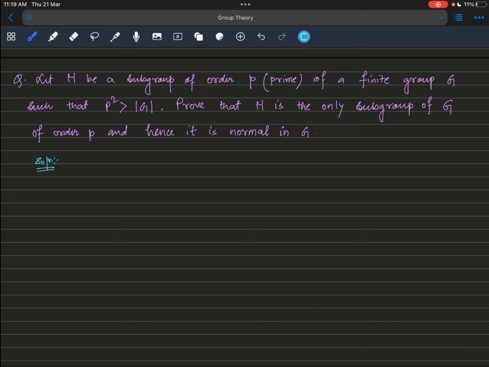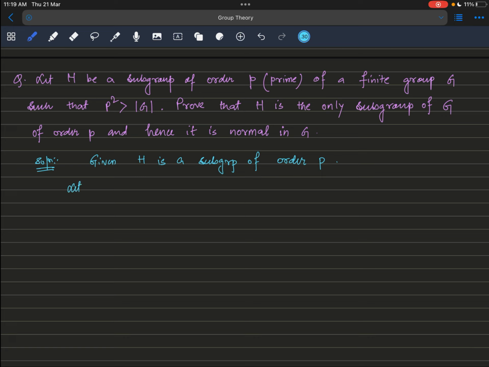Okay, given that H is a subgroup of order p. We have to show that H is the only subgroup of G of order p.